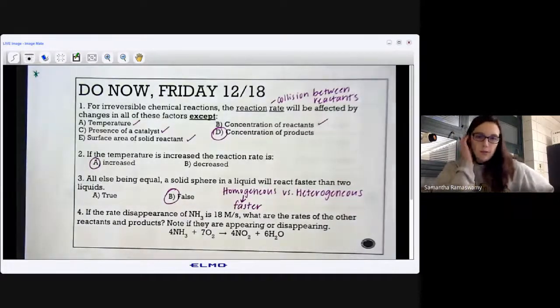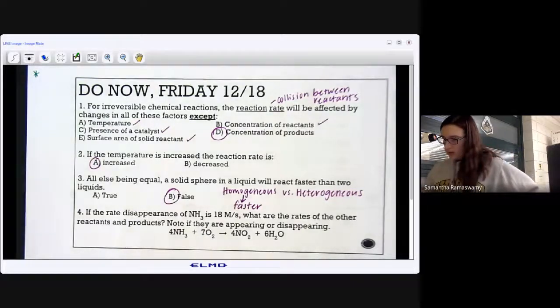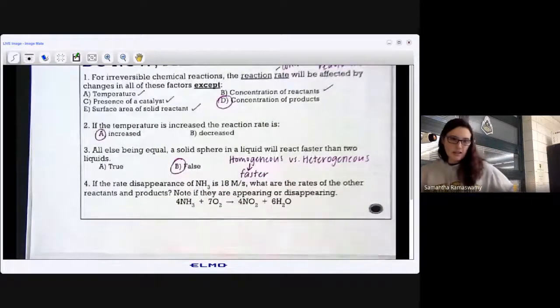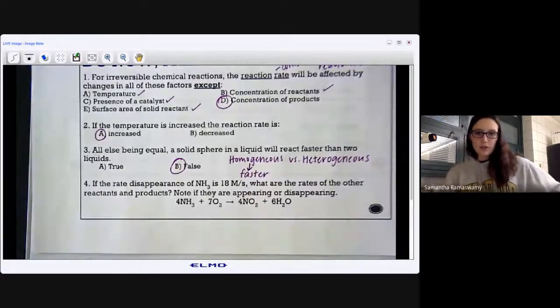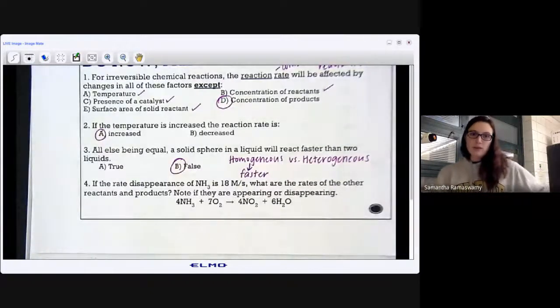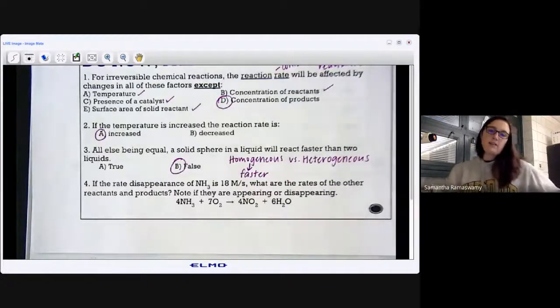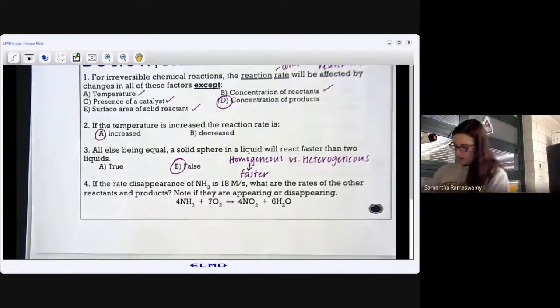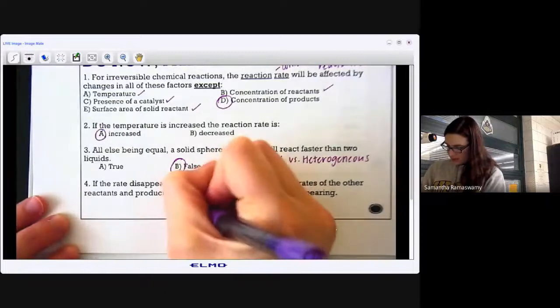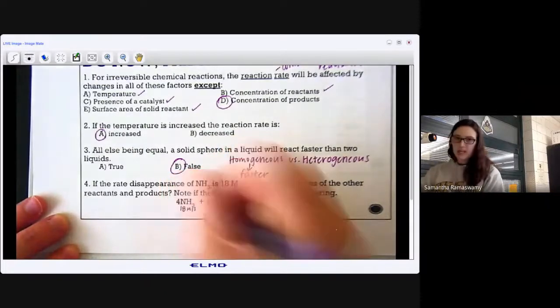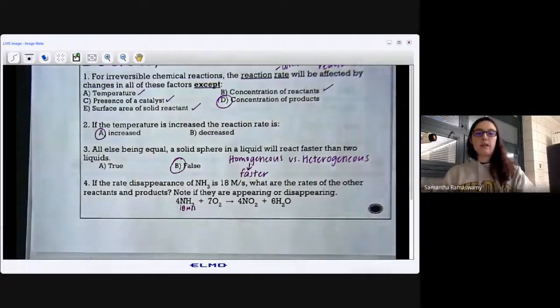Okay, and then number 4. This is where the math is, looking at a question like yesterday where we looked at the stoichiometry. If the rate of disappearance of NH3 is 18 molar per second, remember that reactants disappear.